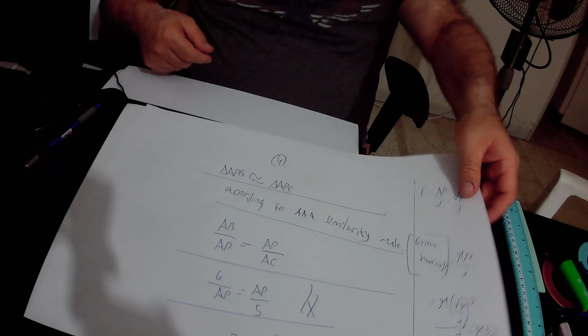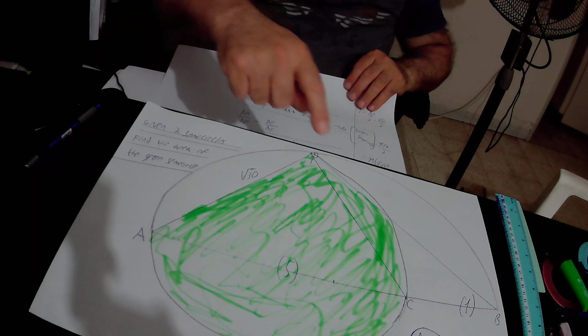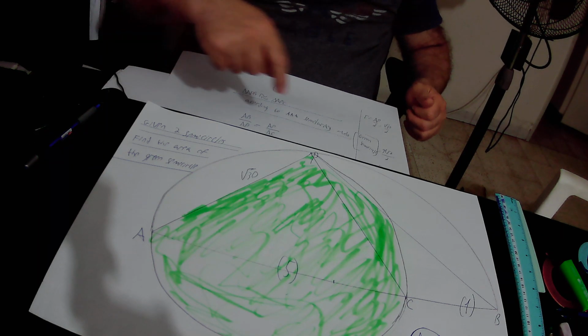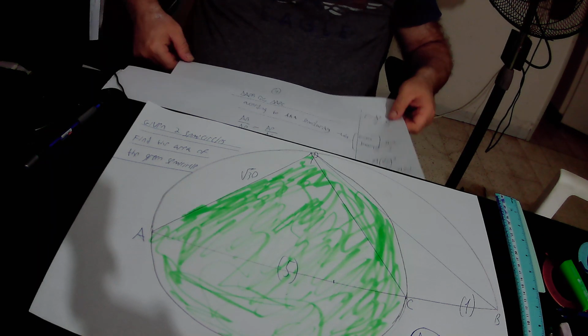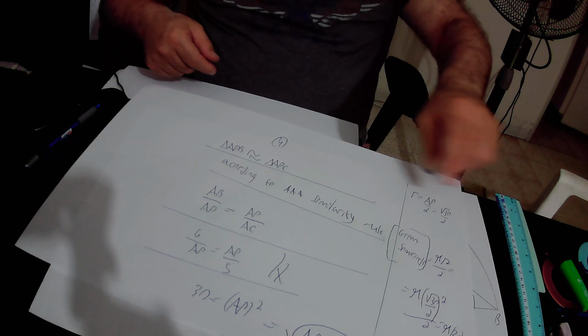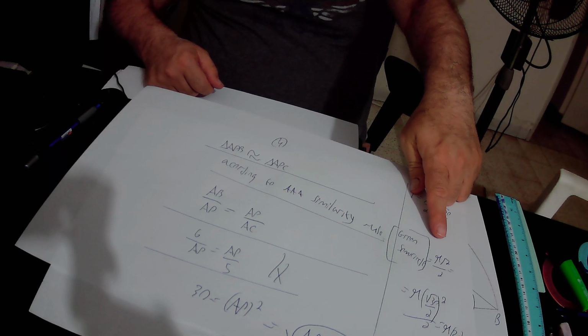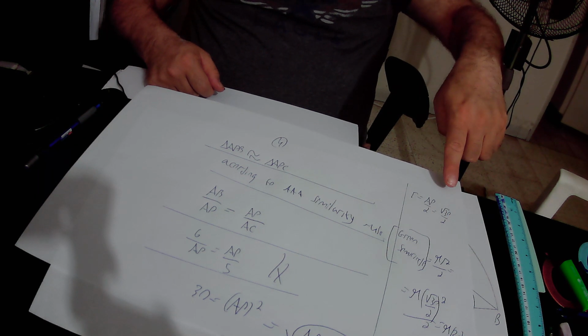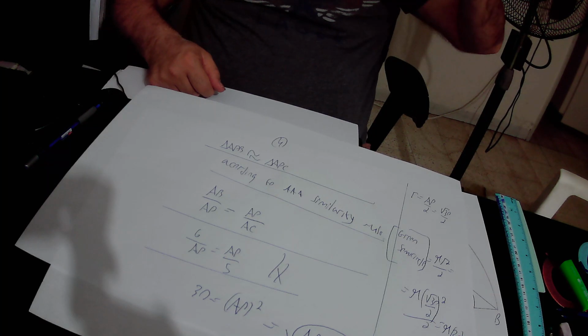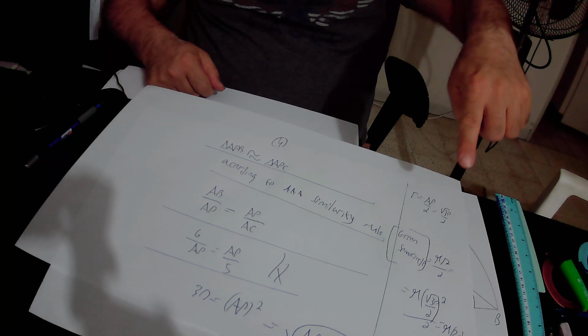And the area of this green semicircle must be equal to the area of the circle over 2. The area of the green semicircle equals the area of the circle, that is pi r squared, over 2. And r equals the square root of 30 over 2. So it is pi times r squared.